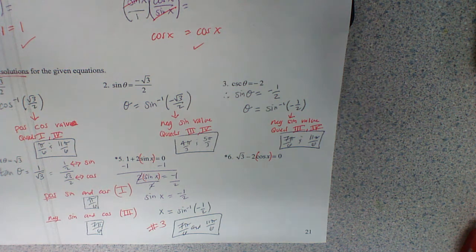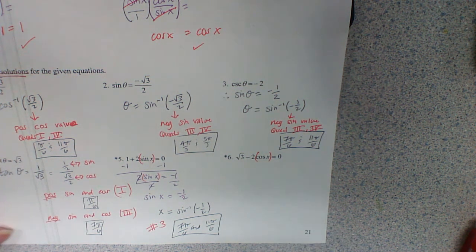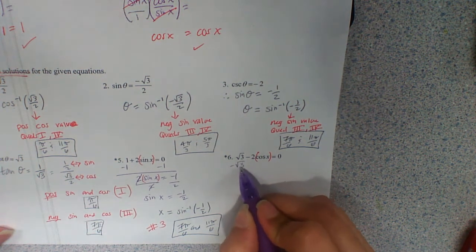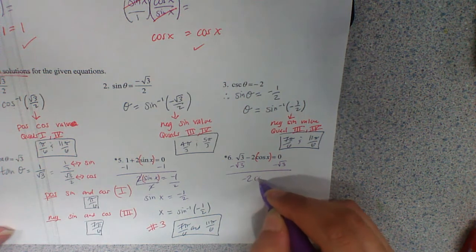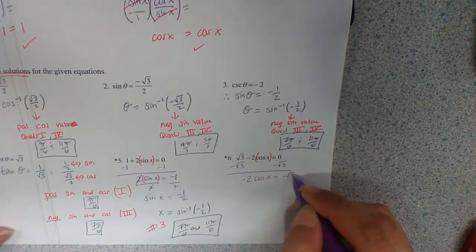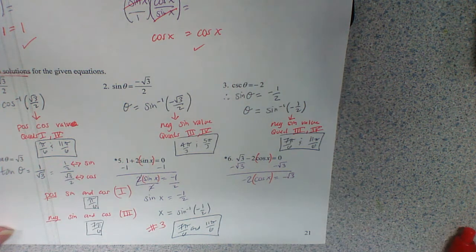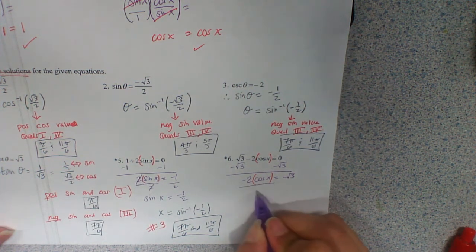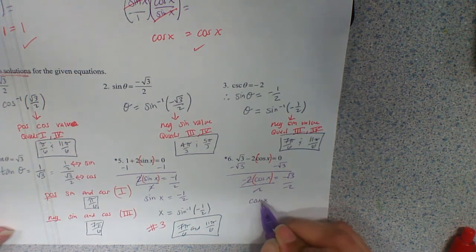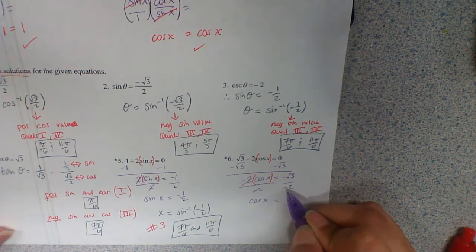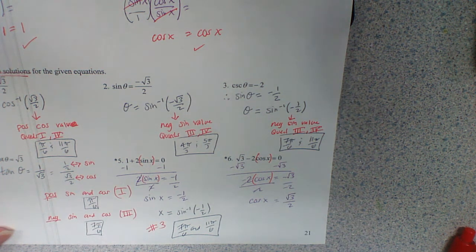Number 6, again, we are looking for cos of x. I want that by itself, so I'm going to subtract square root of 3 from both sides. And so I have negative 2 cos of x equals negative square root of 3. Again, I want cos of x by itself, so I'm going to divide both sides by negative 2 to get that out of there. And so I have cos of x equals negative divided by negative is positive square root of 3 over 2.